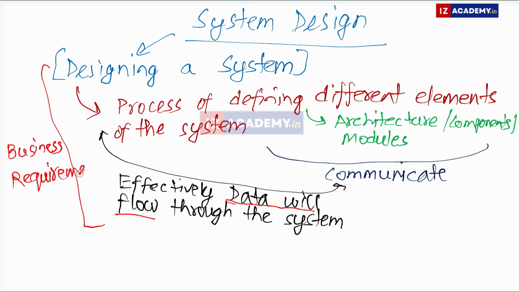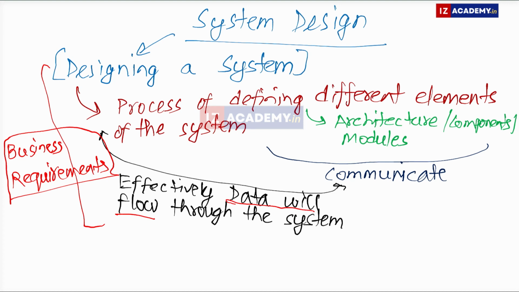This is all being done to meet business requirements, to build software, to build an application. It is all around the business requirement that we started working on designing the system, which is defining different elements of the system, architecture, components, modules, so that they can communicate and the data can flow effectively throughout the system, right?